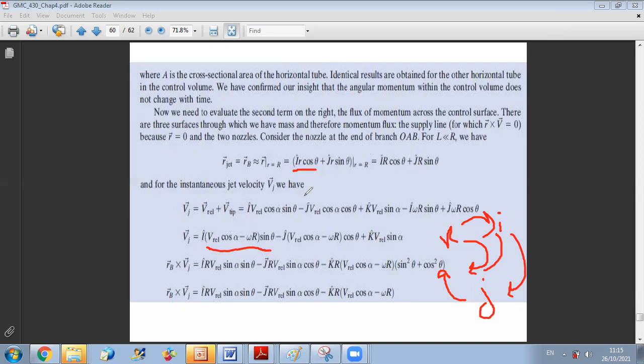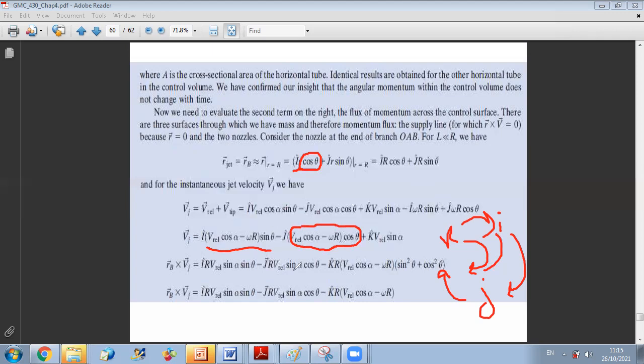So you do R cosine theta times V relative cosine alpha minus omega R cosine theta times minus K. And you continue to expand term by term.